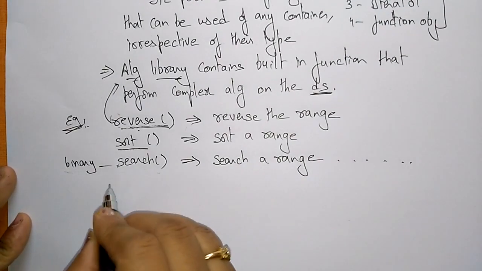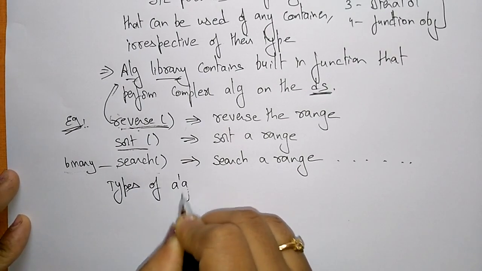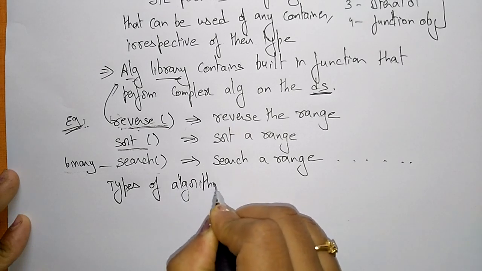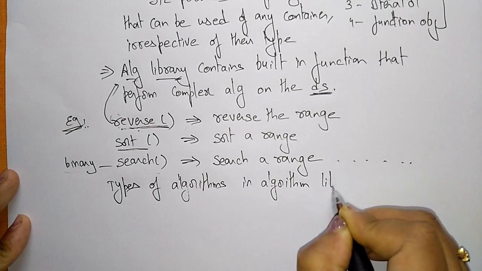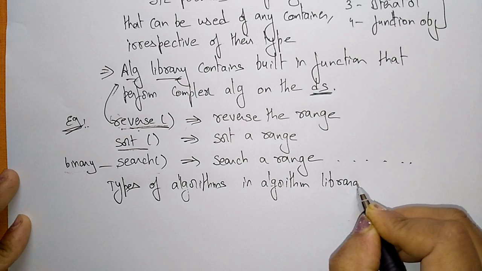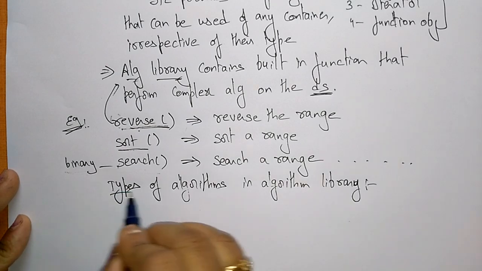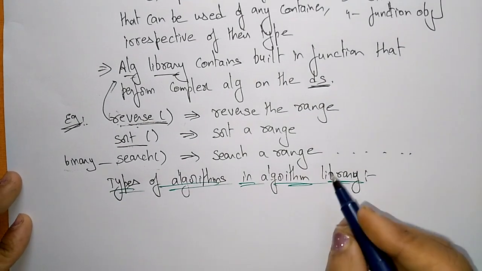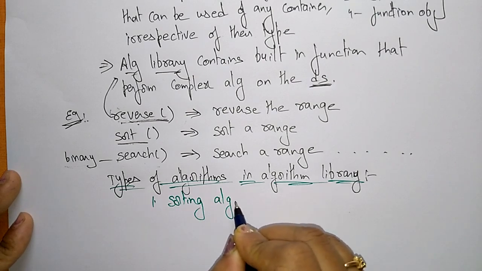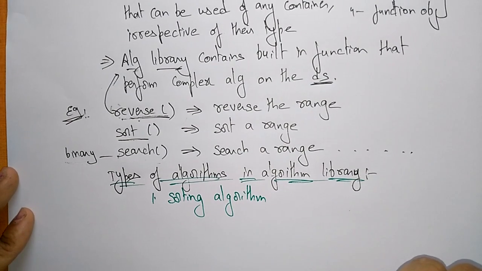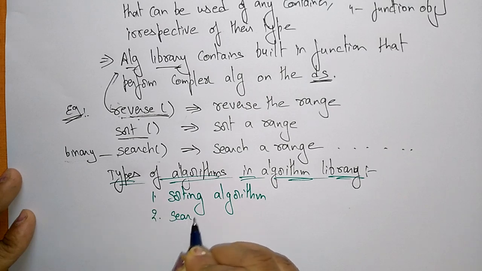Now let us see the different types of algorithms in the algorithm library. First is the sorting algorithm. Second, search algorithm.